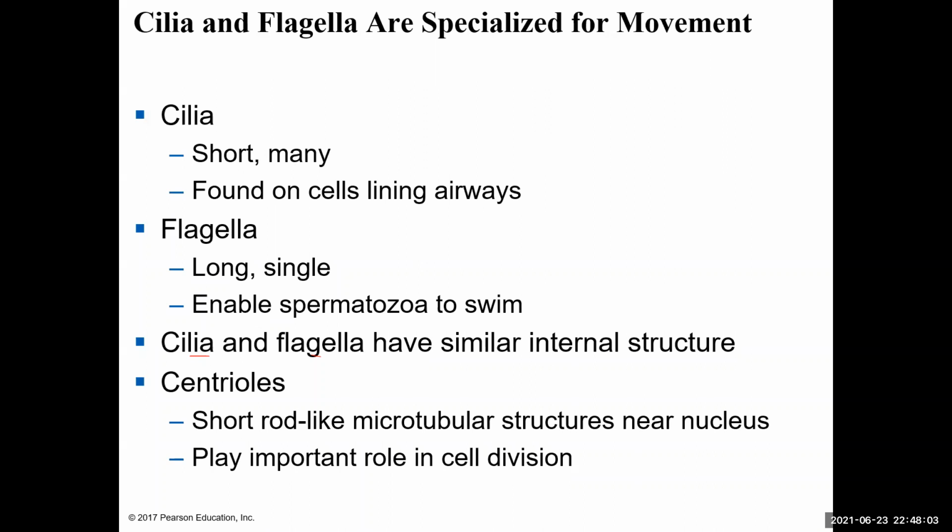They're moving the DNA to the opposite ends of the cell. If it wasn't for the centrioles pulling that DNA to the other side, you wouldn't always get equal amounts of DNA in the daughter cells during mitosis or meiosis.